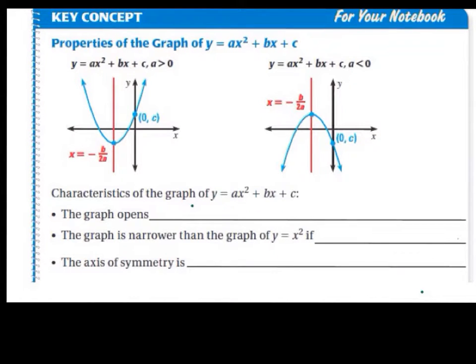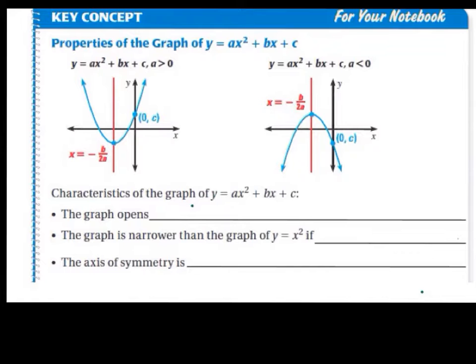So your key concept box just sort of shows you some key ideas about what you're going to see by looking at the different parabolas. It gives you guys one parabola that is facing up and one parabola that is facing down.